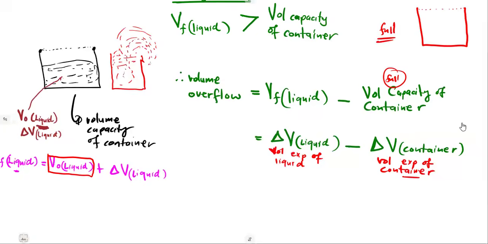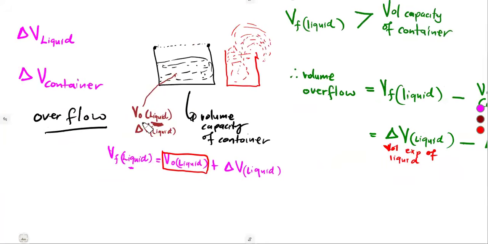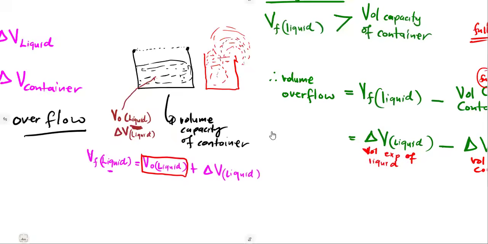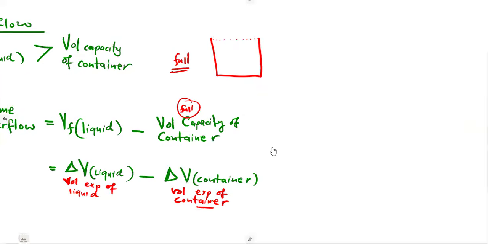Not this one of the liquid. When the liquid is inside the container, its volume, it is also equal to the volume of the container for that particular section, not the capacity of the container. There are two things. There are two different things. All right. I just hope here, guys, you understand me.